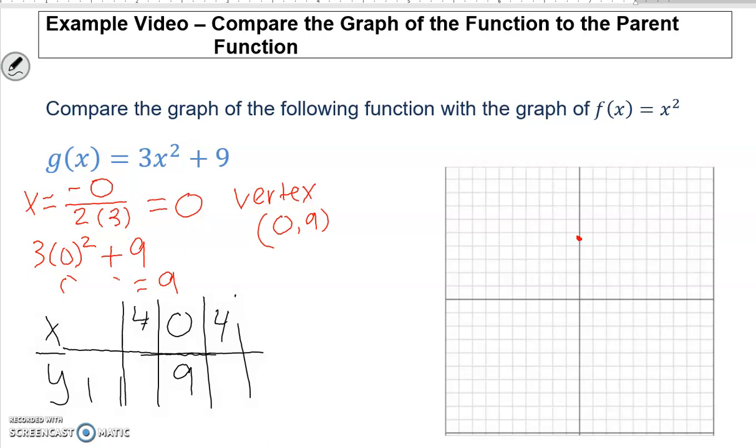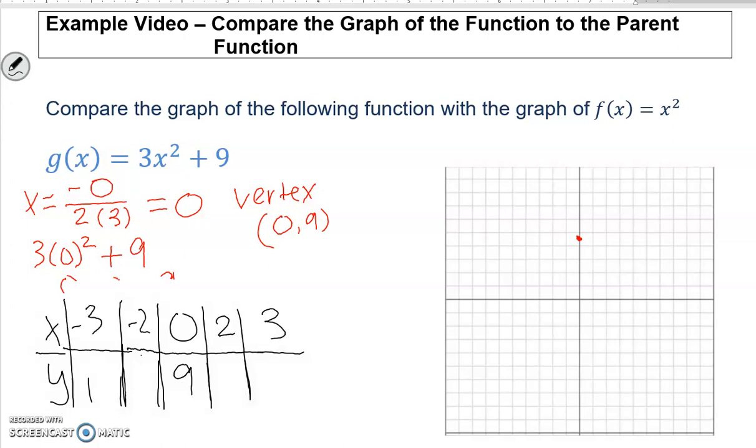So this is going to grow really fast. So let's try 2 and 3, and negative 2, negative 3.